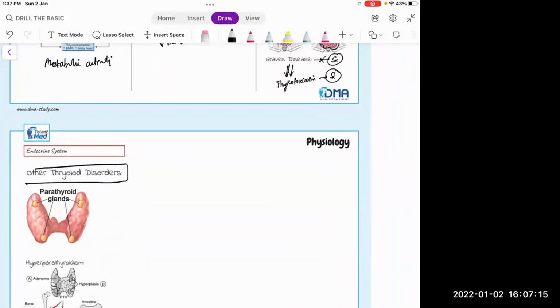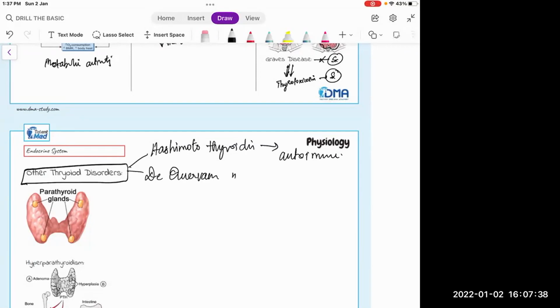So other thyroid disorders, apart from hypothyroidism and hyperthyroidism, you have Hashimoto's thyroiditis. This is mostly autoimmune. And also you have De Quervain thyroiditis. This is mostly caused by viral infections and leads to painful enlargement of the gland.